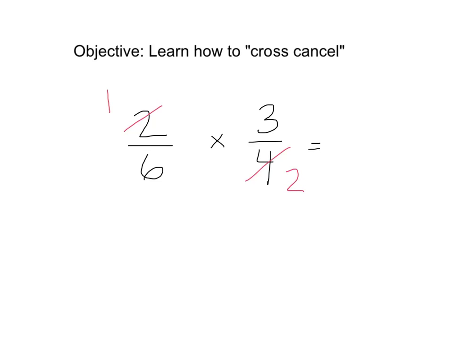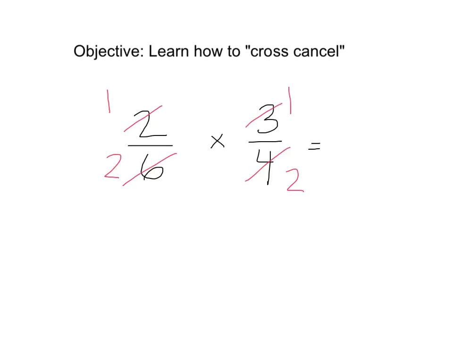Now I'm going to look at the denominator of this fraction with the numerator of this fraction, and I'm going to simplify those. So I'm simplifying this 3 and the 6. Well, 3 is a number that goes into both 3 and 6. So I'm going to cross out this 6 down below. 6 divided by 3 is 2. And then I'm going to cross out the 3 in my numerator. 3 divided by 3 is 1.